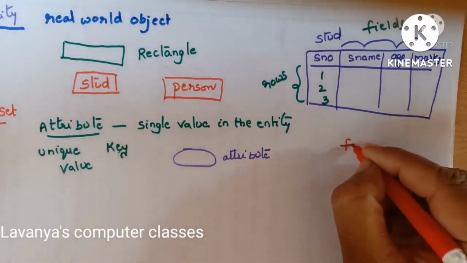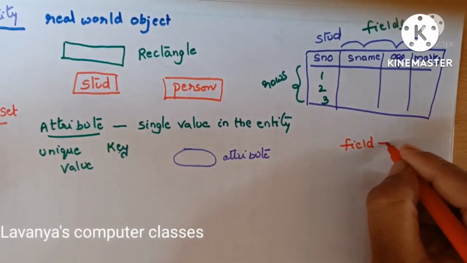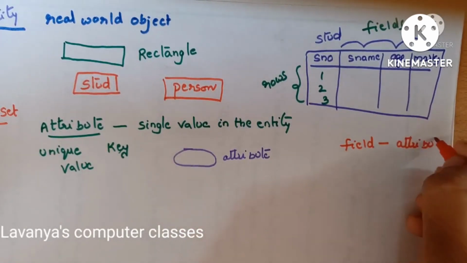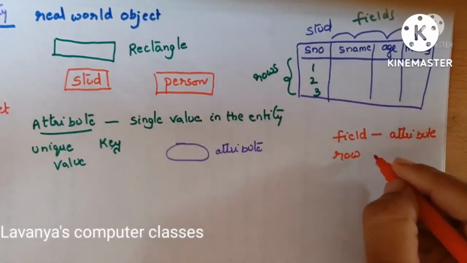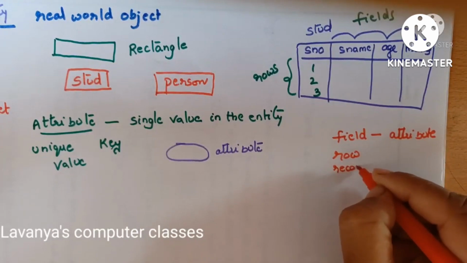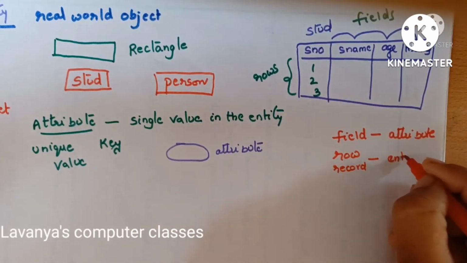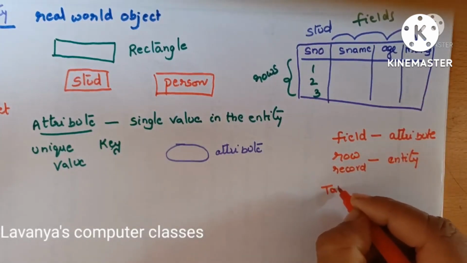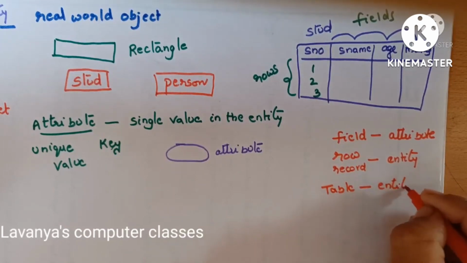In this table, an individual value is called a field. A field is nothing but an attribute in the ER diagram. Similarly, one row is called a record, and a record is nothing but a single entity. The student table is nothing but an entity set.